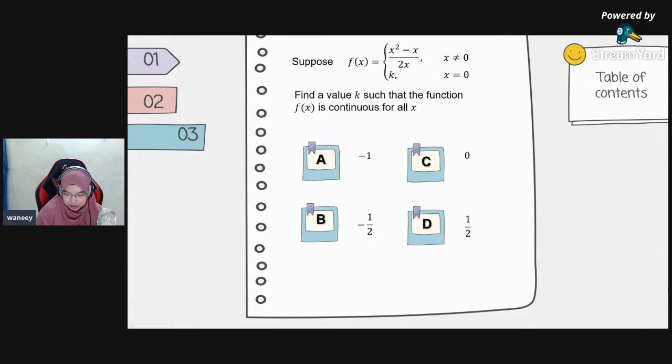Okay, so now this one. So question 6. Ready with your answer everyone? Boleh prepare? Answer apa? A ke, B ke, C ke, D ke? And you may start voting.